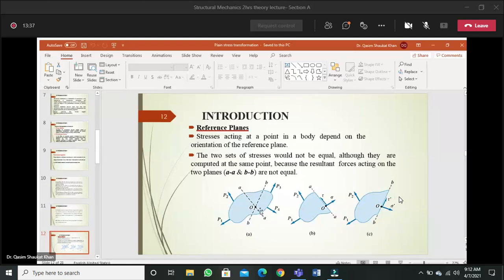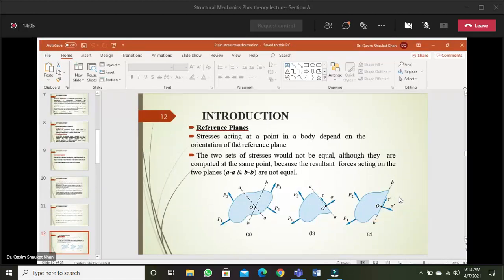The orientation of the reference plane will determine the resultant normal and shear stresses acting at the selected point. So stresses acting at a point in a body depend on the orientation of the reference plane.